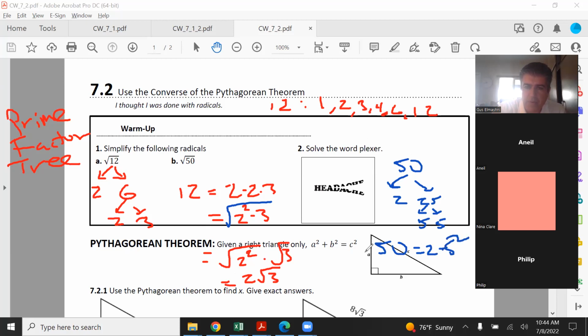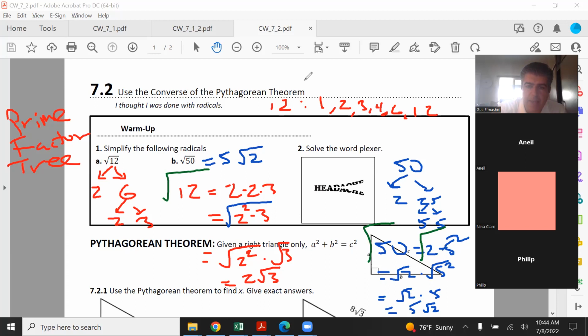If I were to square root, obviously squaring both sides, then you got yourself root 2 times root 5 squared, or root 2 times 5, so it's 5 root 2. So that's how you can simplify that one.